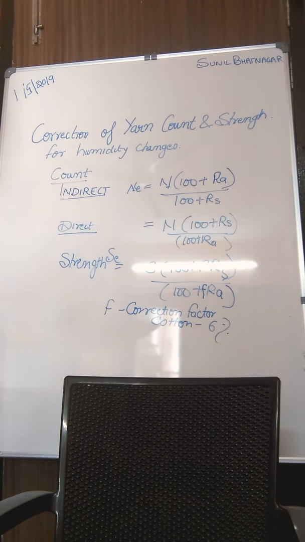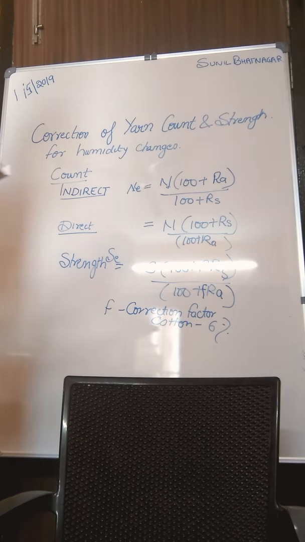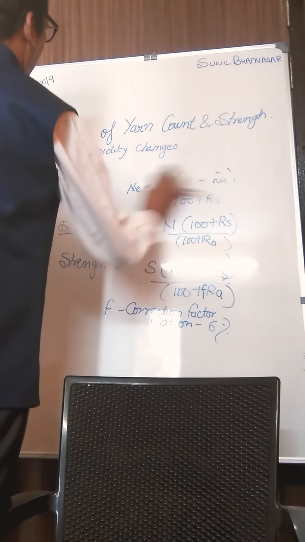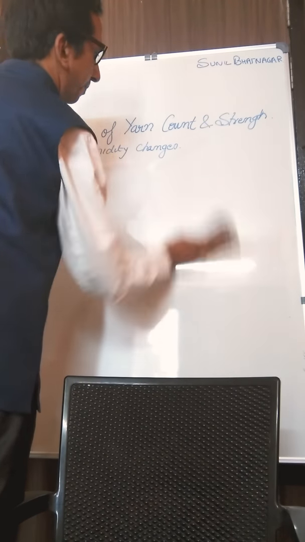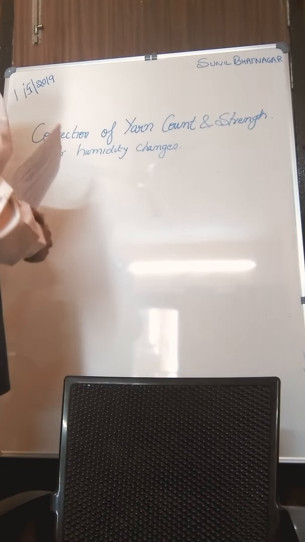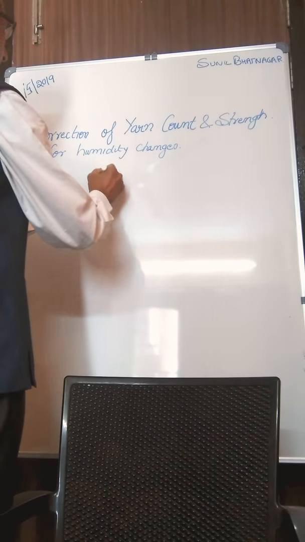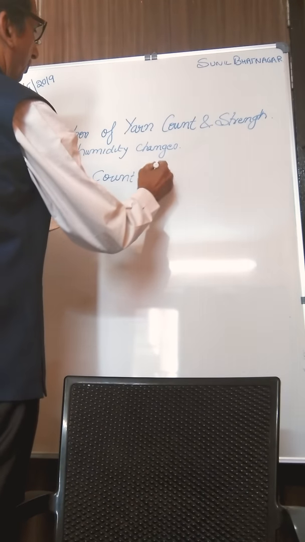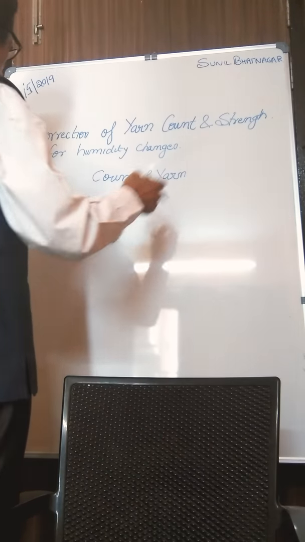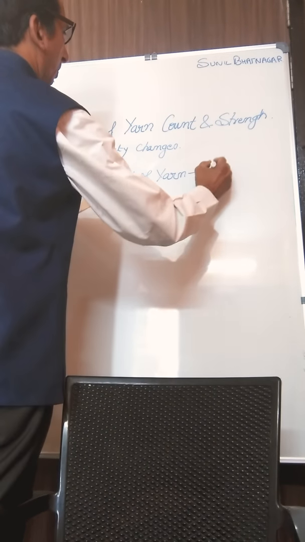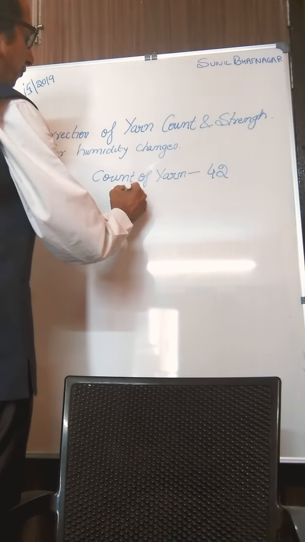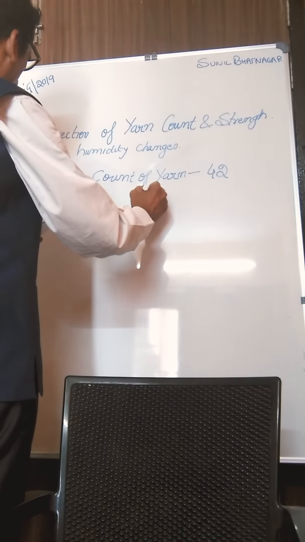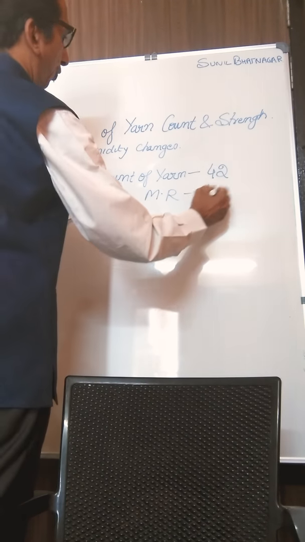Now, if I have to calculate, for example, the count of the yarn which I am getting is 42, and at the time of testing, the regain of the material is 4%.